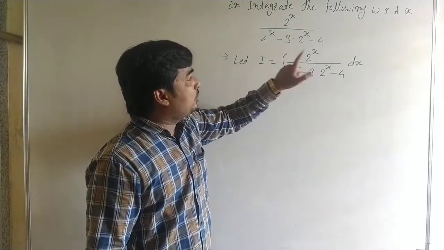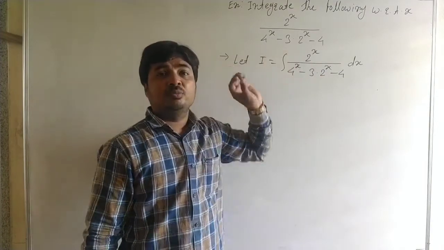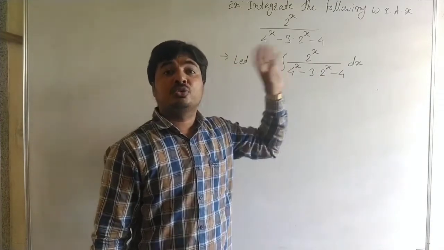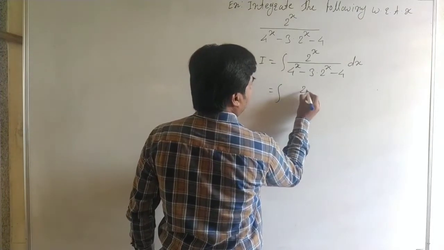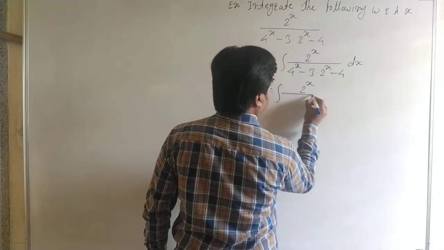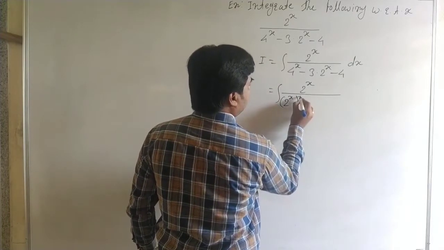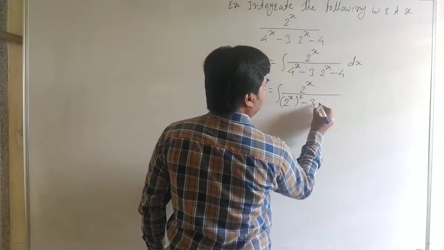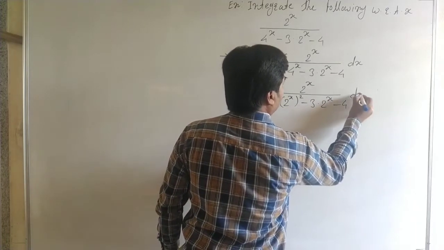Therefore here 4 to the power x means (2 to the power x) square. Now this can be written as 2 to the power x upon ((2 to the power x) square minus 3 into 2 to the power x minus 4) dx.